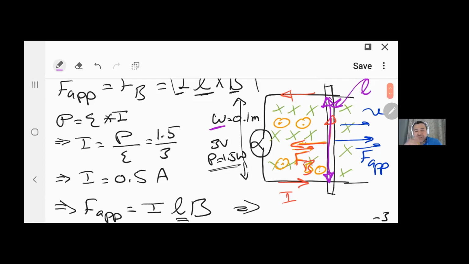This opposing magnetic field will result in an electromotive force and a current. We saw that the current will be going up this way, and if you use the right-hand rule, the magnetic force, if you go up, pointing into the screen, you will see that the magnetic force will be opposing the applied force. So F_B here is opposing the applied force.